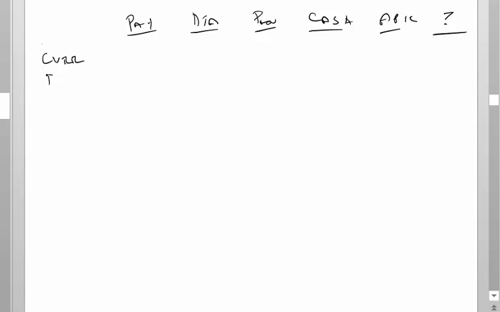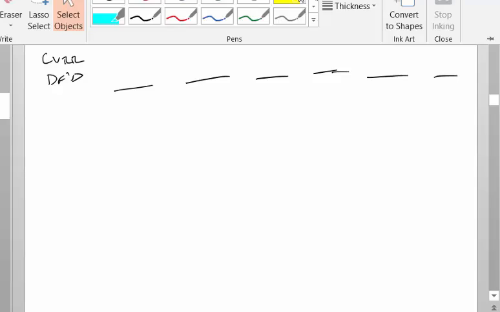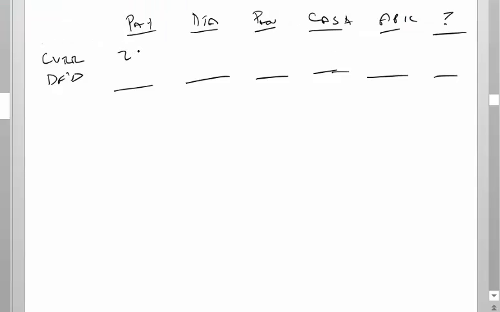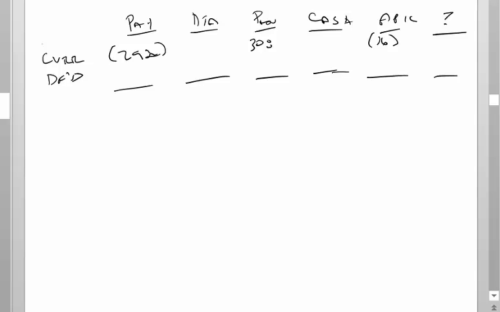So my current is 308, 292, and 16. My deferred was credit deferred 95, debit 8, APIC 16, debit provision 2, 19, and then, oh, I got it wrong.